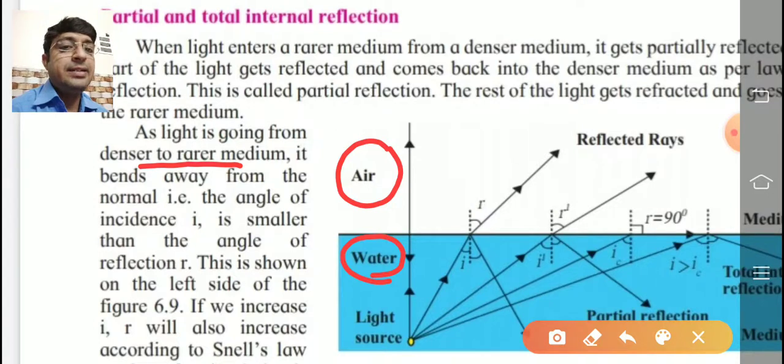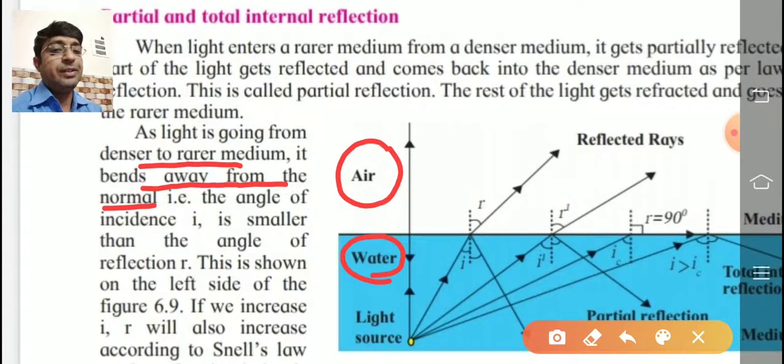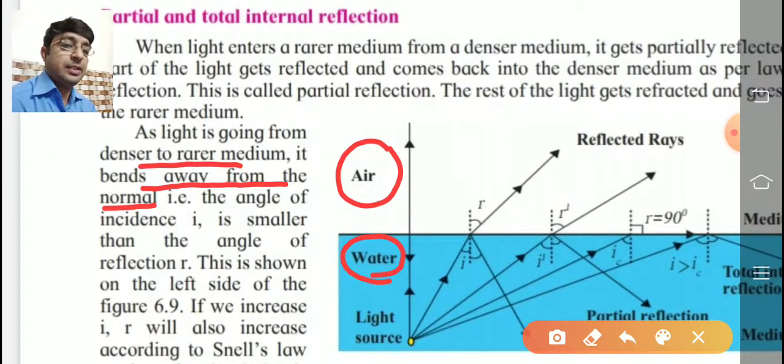It bends away from the normal according to the laws of refraction. See that law again. What happened? The 3 rules we learned, what happens when light rays pass from rarer to denser medium or denser to rarer medium, on the previous pages. So here light is going from denser to rarer medium.